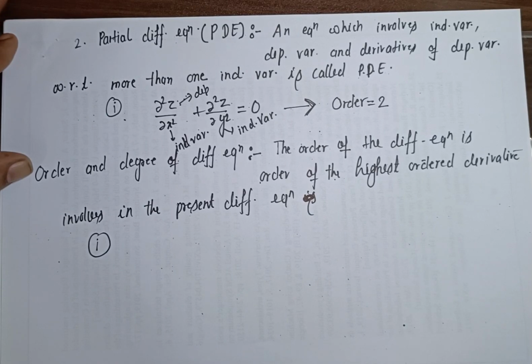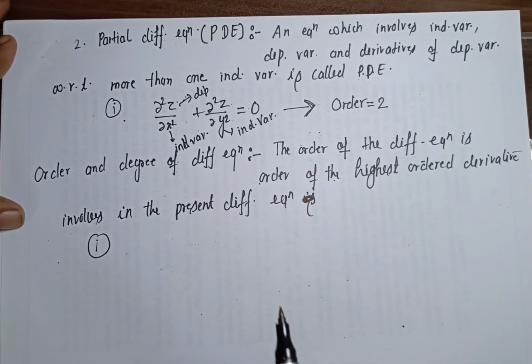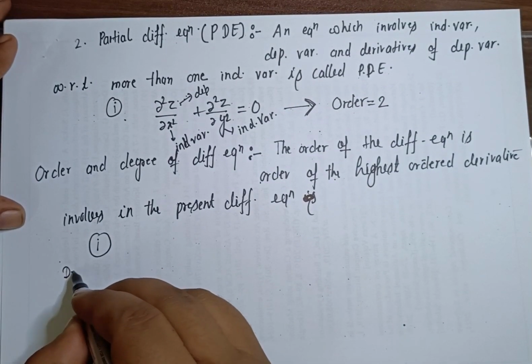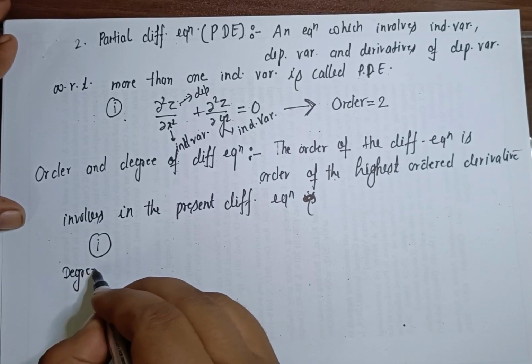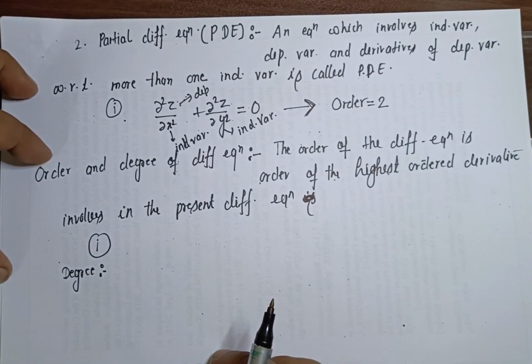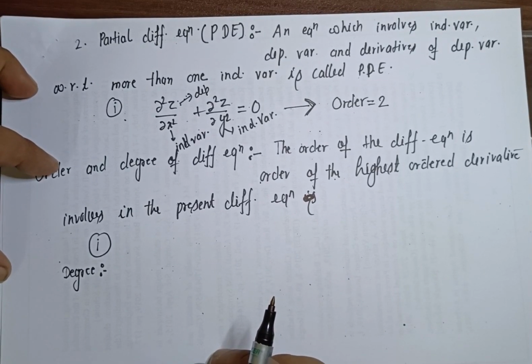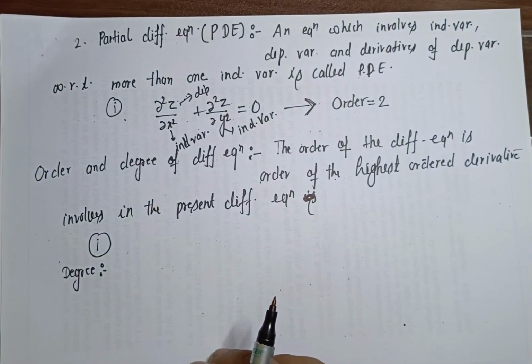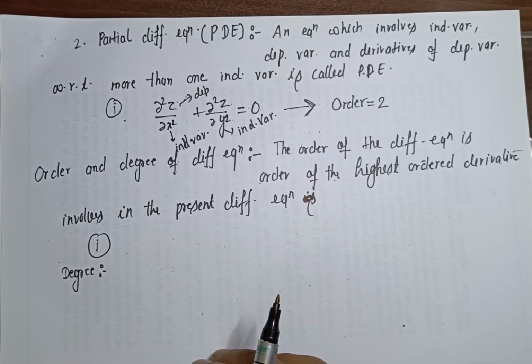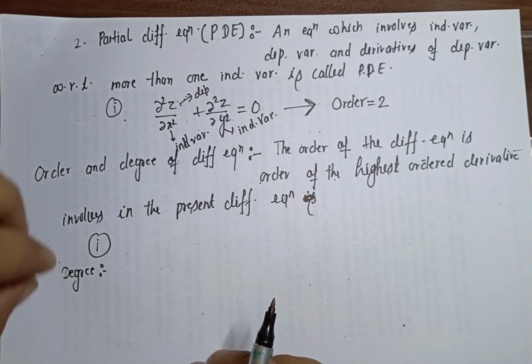Now what about the degree of the differential equation? I'm writing here degree of the differential equation. The degree of a differential equation is the degree of the highest derivative after removing the radical sign and fractions.